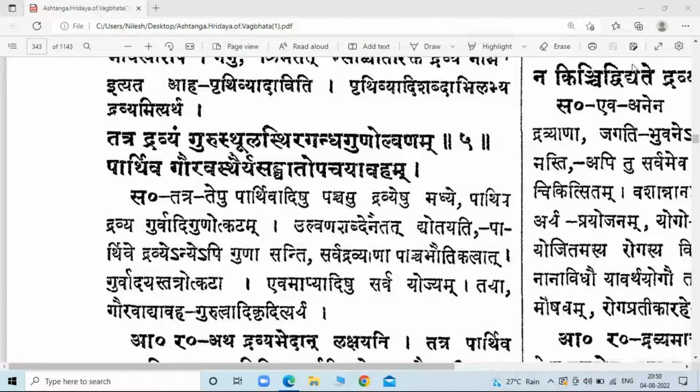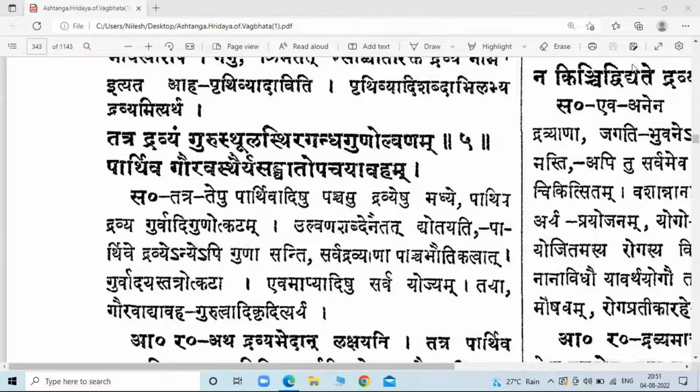Then we find vibhagam as the next guna. It is the opposite of samyogam. Vibhagastu vibhaktih syad. Vibhagastu vibhaktih syad. Viyogo, another possibility, bhagashograha.